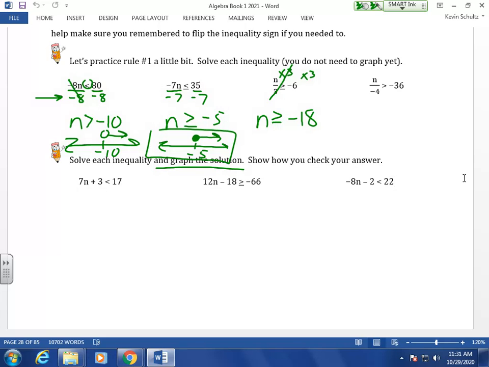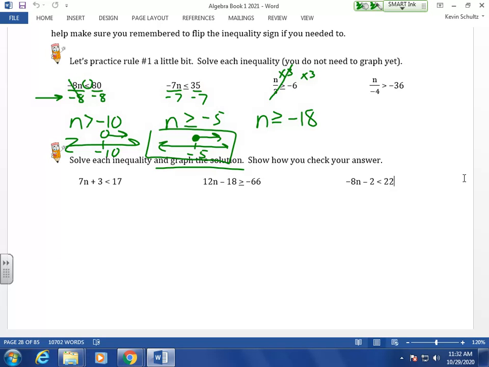We do have a negative 6 there, but we're multiplying by positive 3. The sign of that solution side, negative 6, stayed negative. Okay? Negative 18. So our inequality does not flip, and we do not need to graph yet. And I know that because I read directions. Yes, Bridget. We don't have to flip the sign if we don't multiply or divide by a negative number. Correct. That makes my life so much easier.